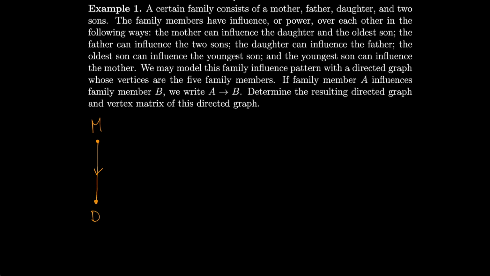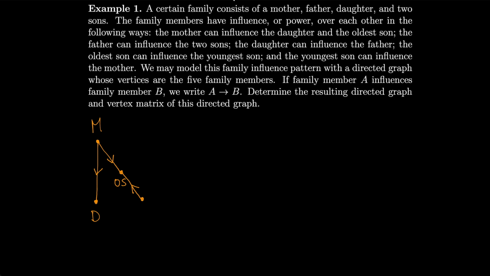So we'll call that the daughter, because the mother can influence the daughter and the oldest son. Put that right over there for oldest son. And then the father can influence the two sons.